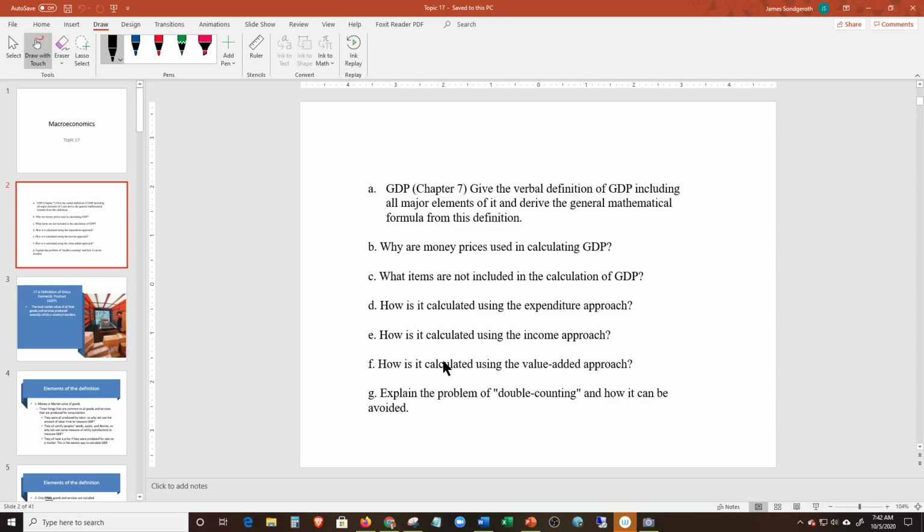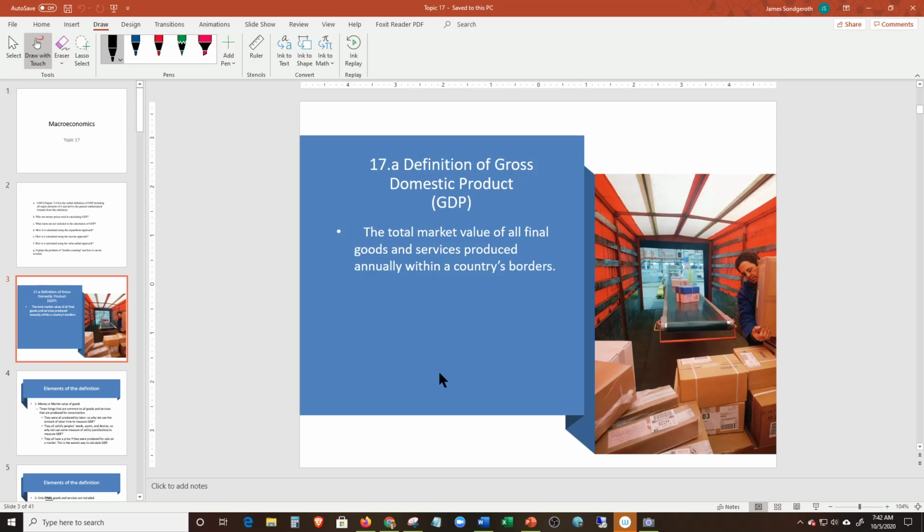So there we go. And with the third slide, we give the definition of gross domestic product, which is the total market value of all final goods and services produced within a country annually. So let's mark out the different elements of this definition. First, it's the market value, which really means the money prices. So we want to talk about that.